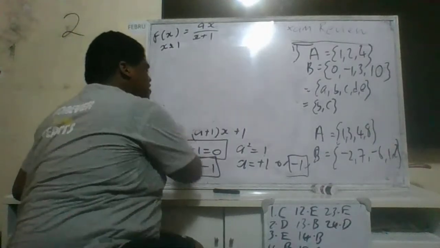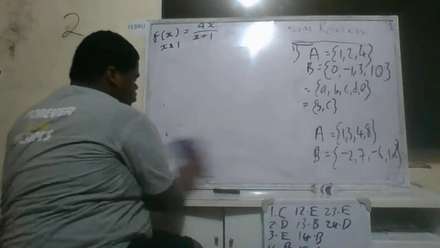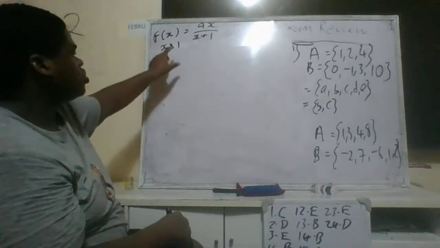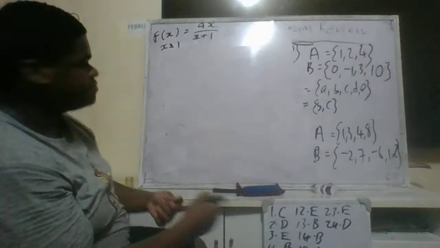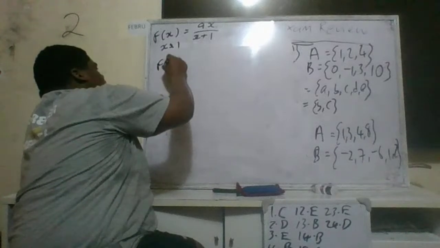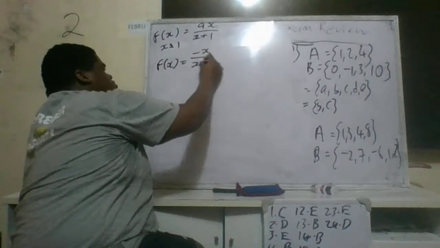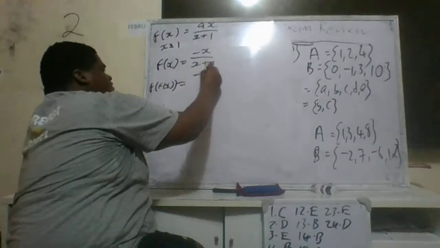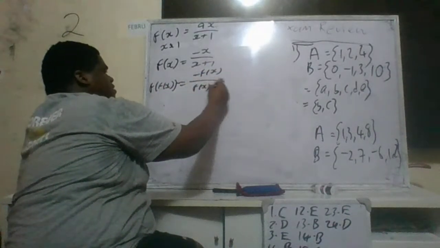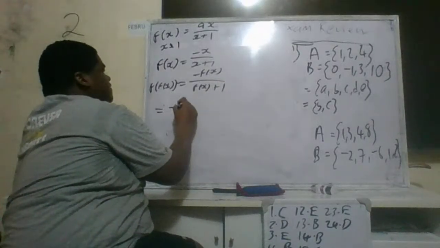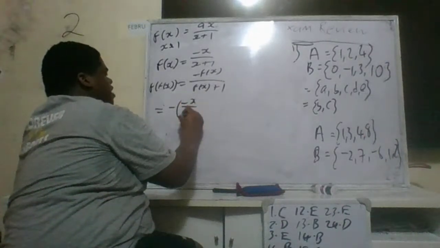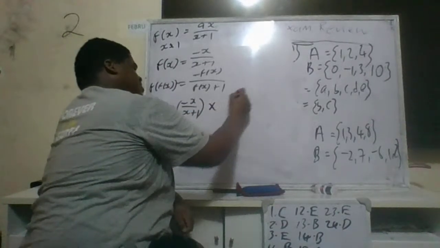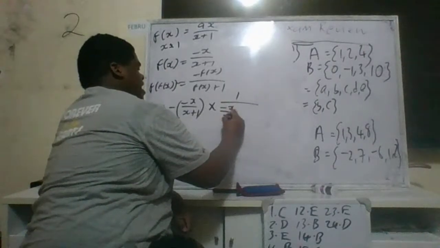I am just going to satisfy the ego that most people have, and I'm going to use a equals -1 to prove to you that when a is equal to -1, f of x is equal to x. When a is equal to -1, f of x is equal to -x divided by x plus 1. So f of f of x will equal -f of x divided by f of x plus 1, which will equal negative times -x over x plus 1, divided by -x over x plus 1, plus 1.